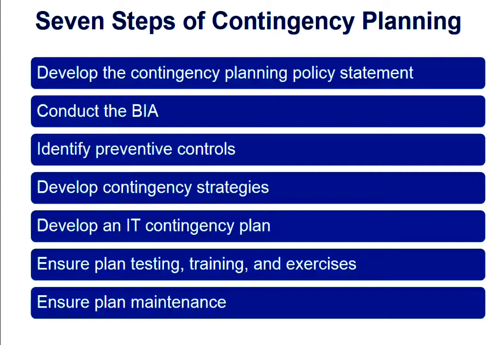As we mentioned earlier, NIST, the National Institute of Standards and Technology, has published Special Publication SP 800-34 Revision 1, titled Contingency Planning for Federal Information Systems. This is where a lot of organizations are going, whether they're Department of Defense, federal, or private industry. These are some good standards to go by.